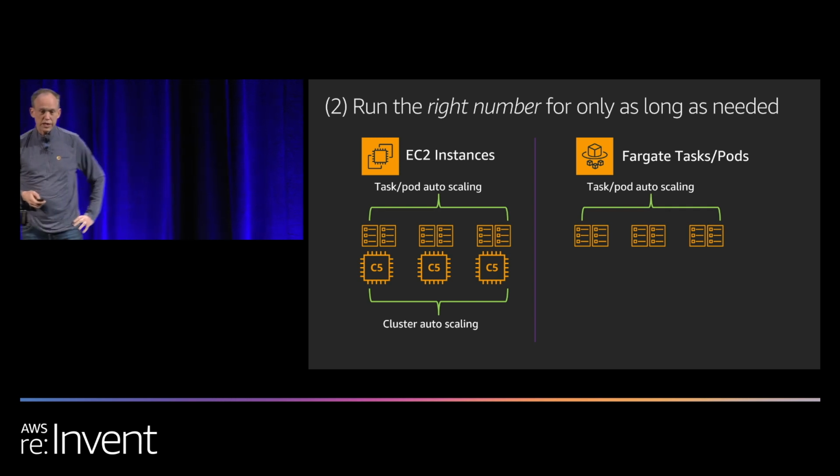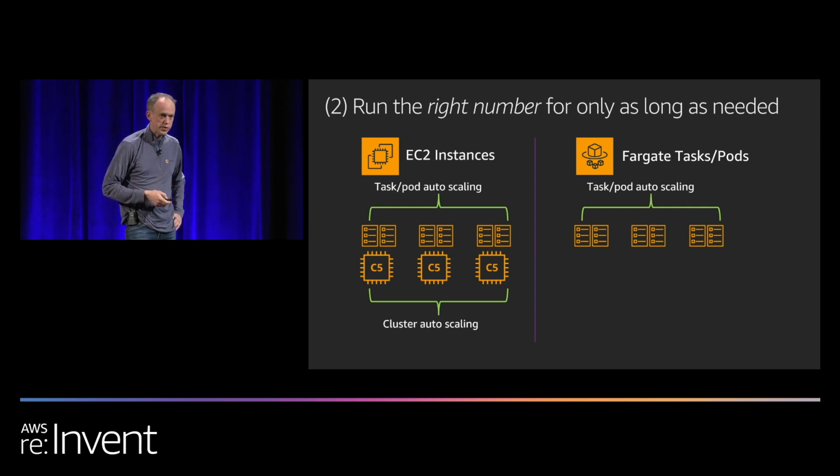So when you're auto-scaling and you're running on EC2, you're going to be auto-scaling two different things simultaneously. You're auto-scaling the tasks or the pods that you're running, and then you're also auto-scaling the instances that are running them. You need to make sure those two things work well together.